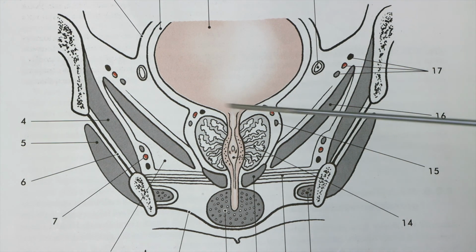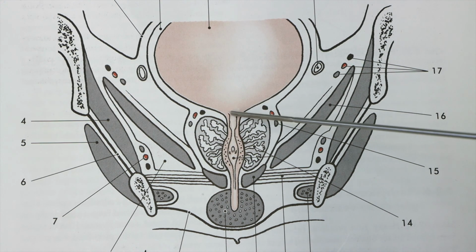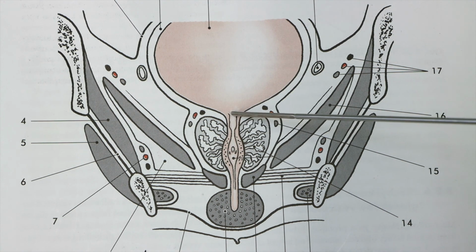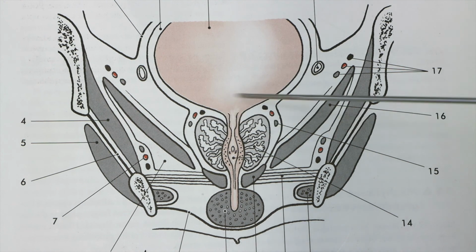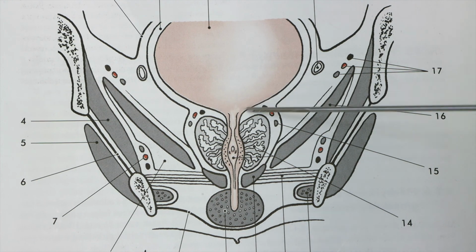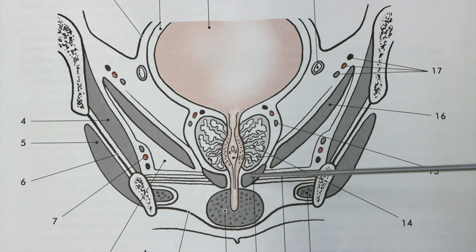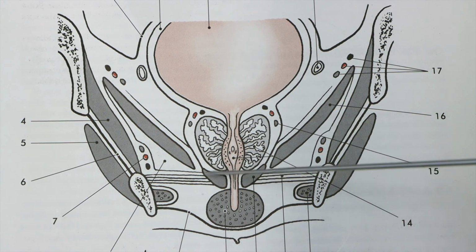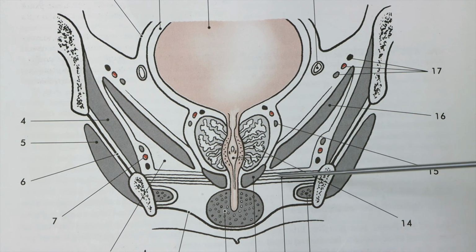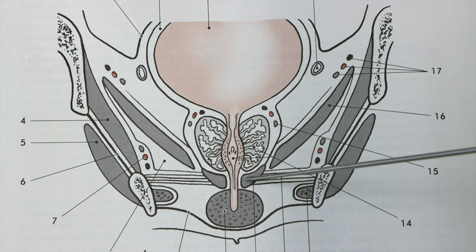As you see here, you can see the urinary bladder, here is the fundus of the urinary bladder, and this part where the urethra is starting is the neck of the urinary bladder, which is directed to the base of the prostate, and the base of the prostate is attached to the fundus of the urinary bladder, and the apex of the prostate is directed inferiorly and downward toward the urogenital diaphragm, which contains the transverse perineal muscles, the superficial and deep, and the external urethral orifice.